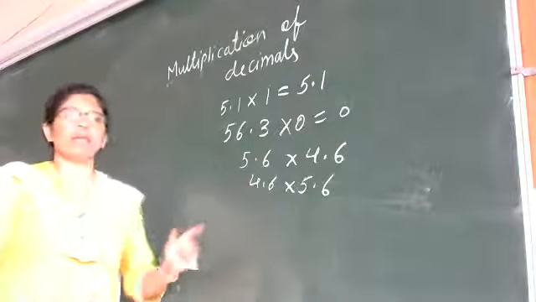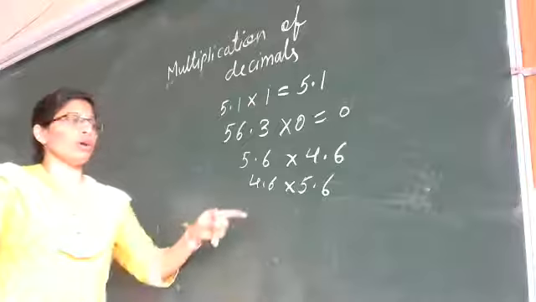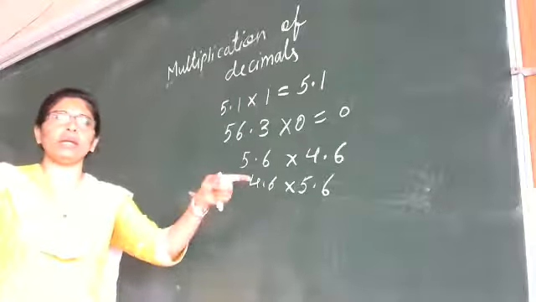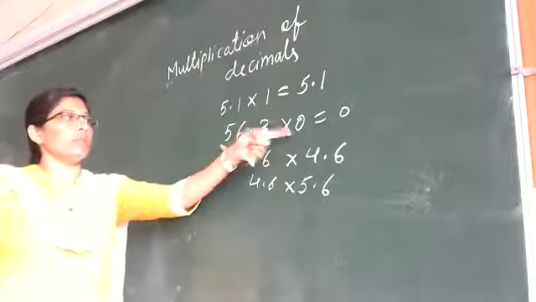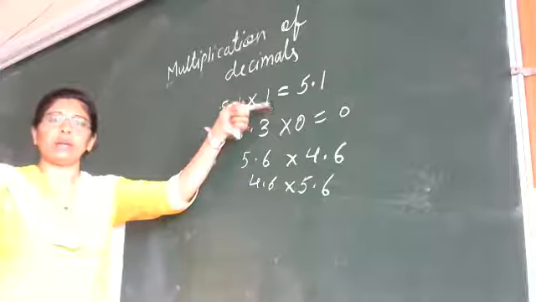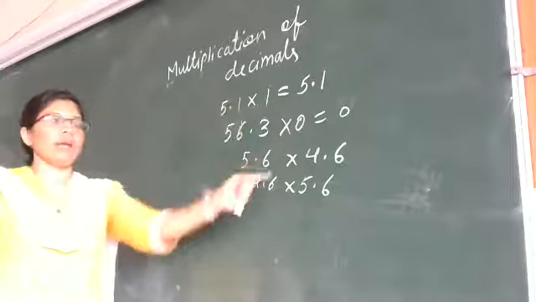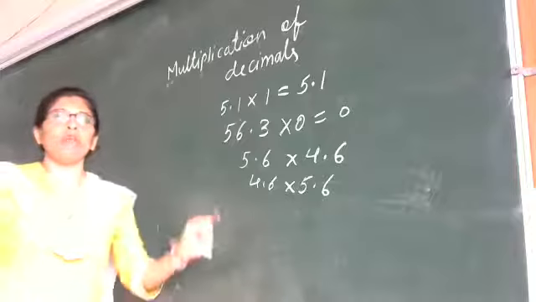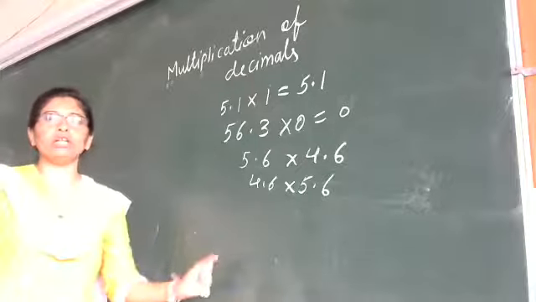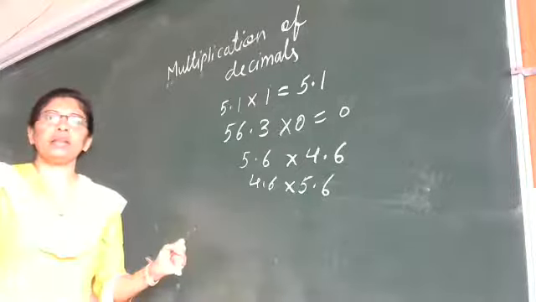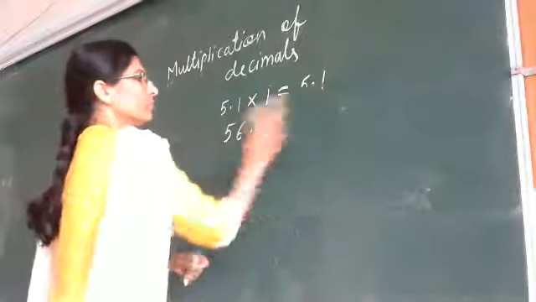Both answers will be the same. So here also we have the grouping property, order property, zero property and identity one property. The same properties are there for decimals which are there for natural numbers.